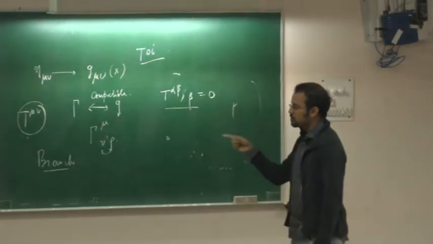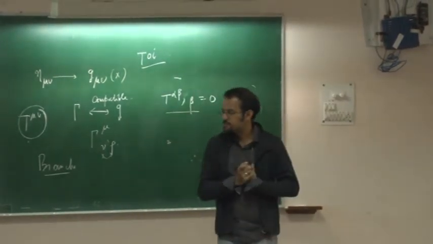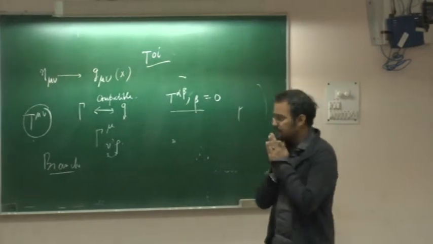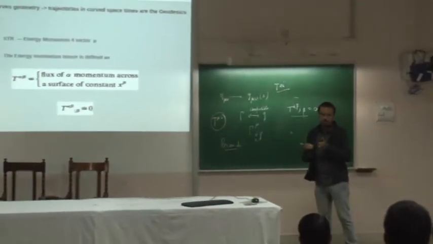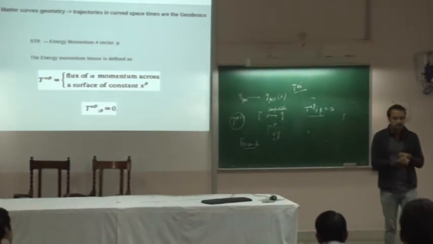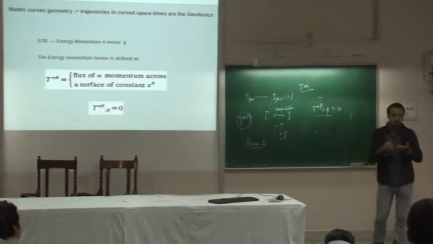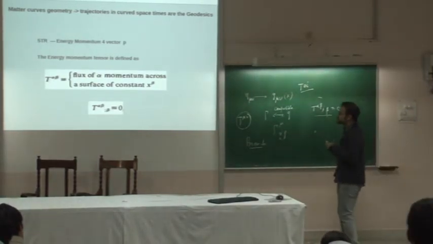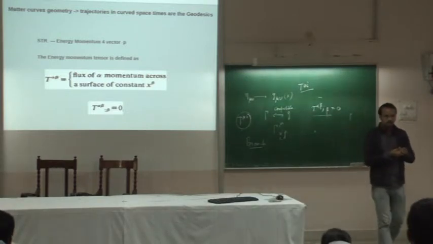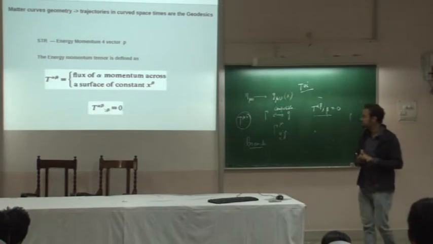And this equation, T alpha beta, the covariant derivative is 0, this essentially tells you that you need something in the geometry sector. So now if I say that we are trying to match the geometry sector with the matter sector, it has to be through this T alpha beta, because now this has the entire information about the mass energy distribution of the system.